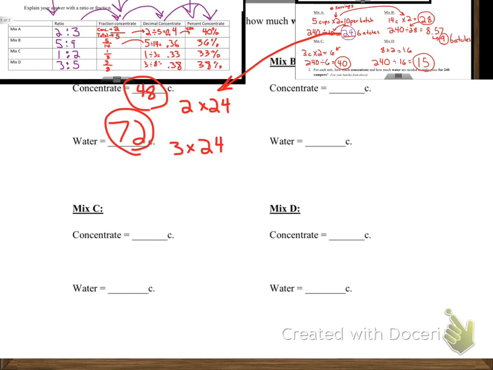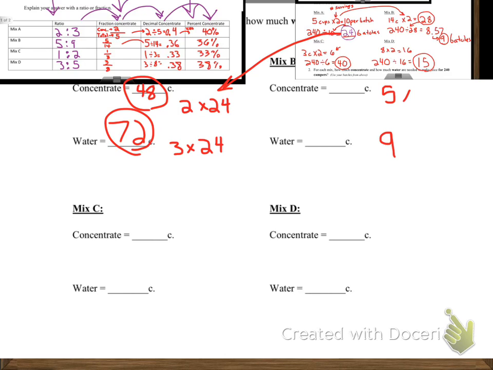Now mix B. Well, I know I'm going to need 9 batches. Right? We agreed 9 batches with some leftovers. So, let's go ahead and take, we know we're going to need 5 cups of concentrate. We know we are going to need 9 cups of water.